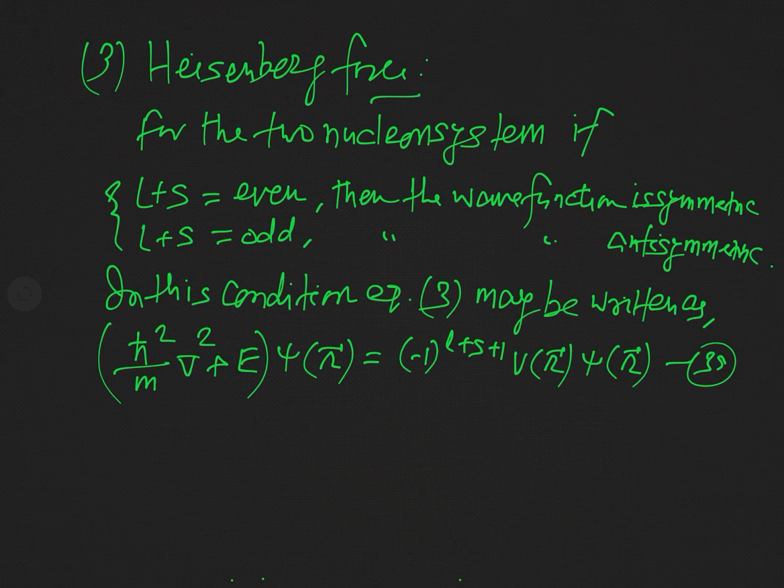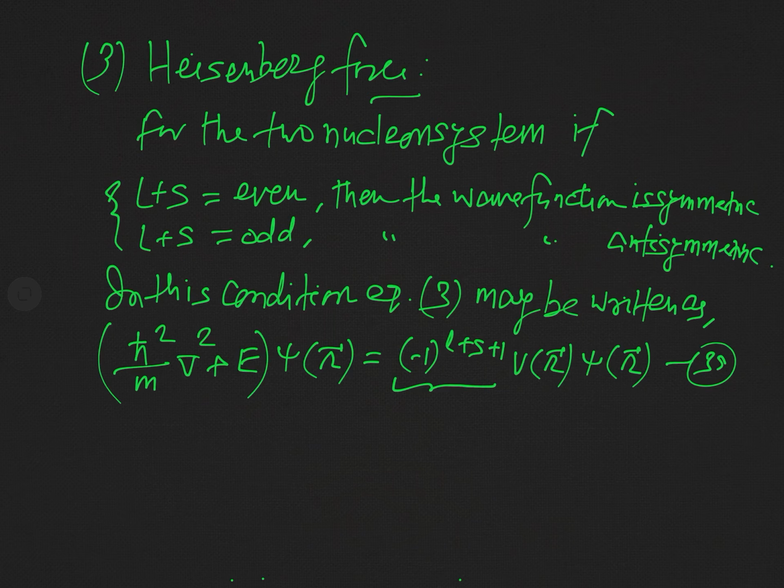And as the Heisenberg force is just a combination of those two forces, here the factor is minus 1 to the power L plus S plus 1. So from this relation, what can we think about the sign of the wave function?